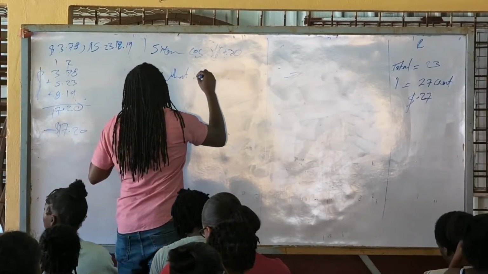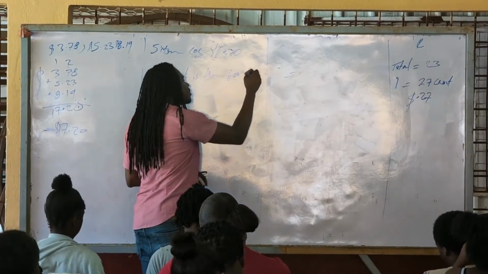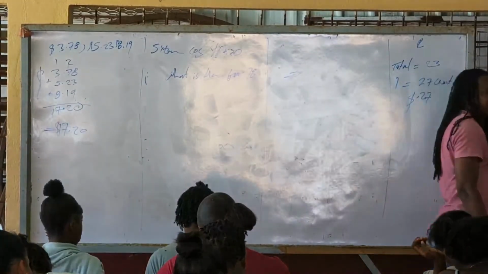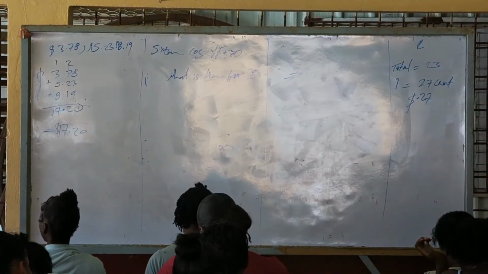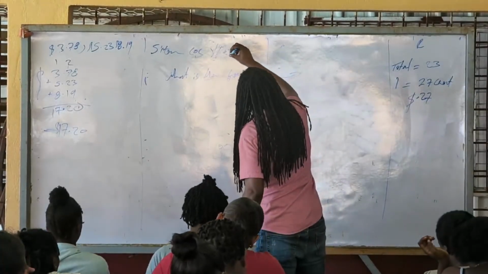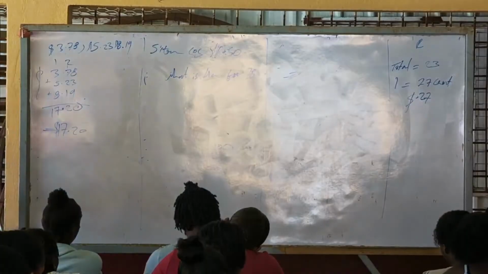What is the cost for 18 items? 5 items. No, let me use $1.50 to make it easier. 5 items cost $1.50. What's the price for 18 items?